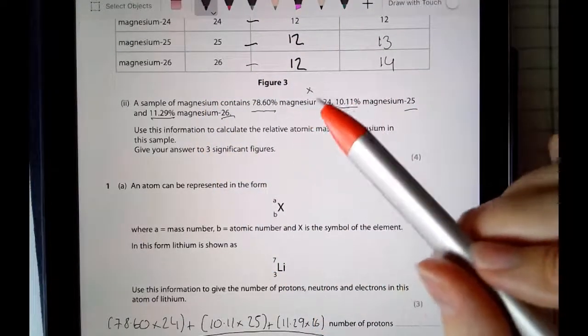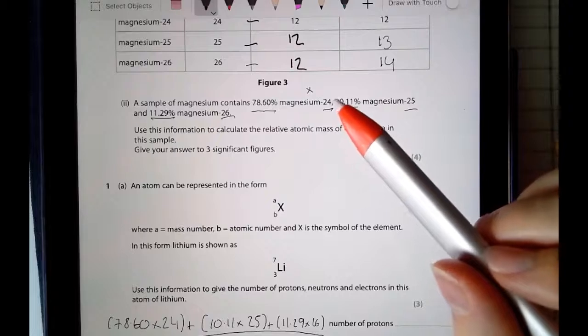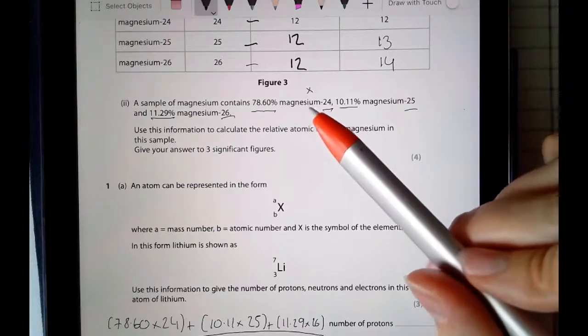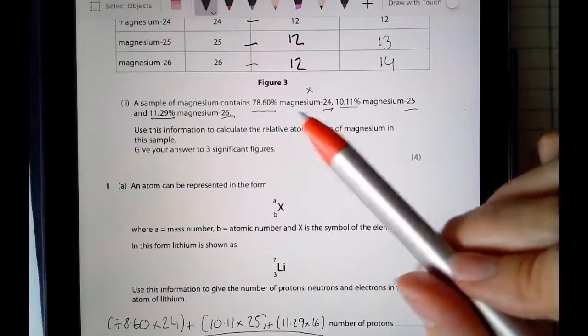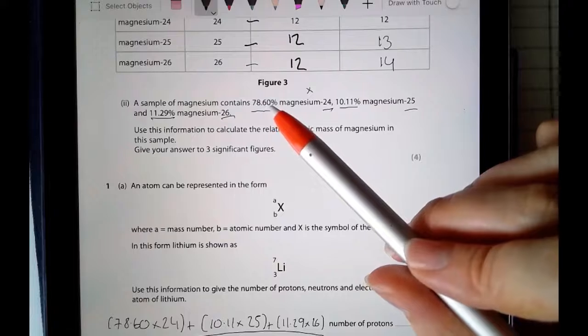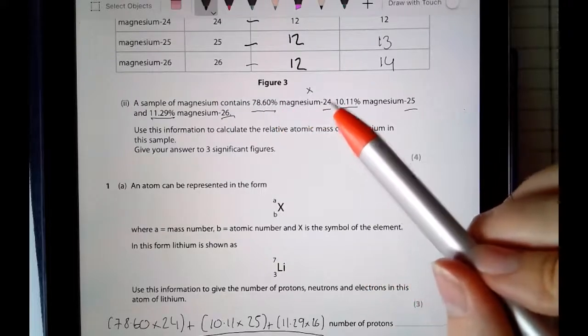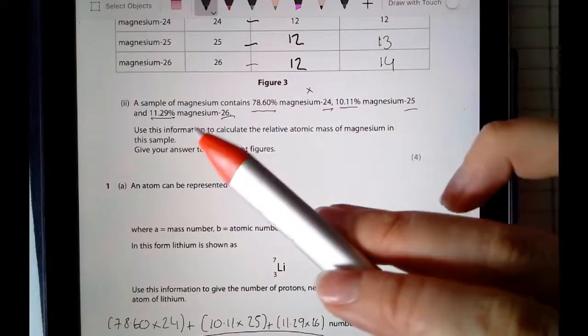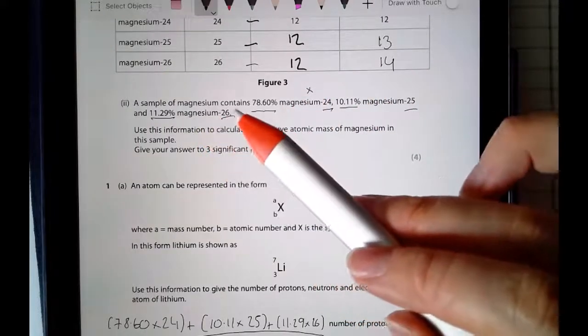Note, the way they've got it written here, it looks like it's minus 24, but it's not, okay? 24 relates to the mass. Mass can never be negative. So it's just a dash between the magnesium and the number 24. So you've got 78.6% of magnesium with a mass of 24, 10.11% of magnesium with a mass of 25, and 11.29% with a mass of 26.